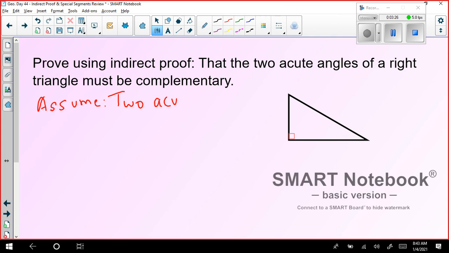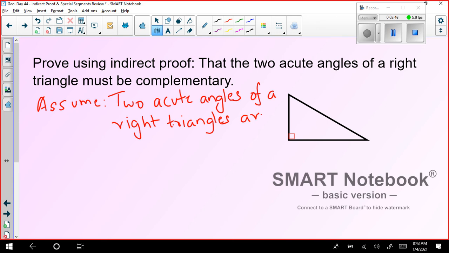Assume the two acute angles are not complementary.